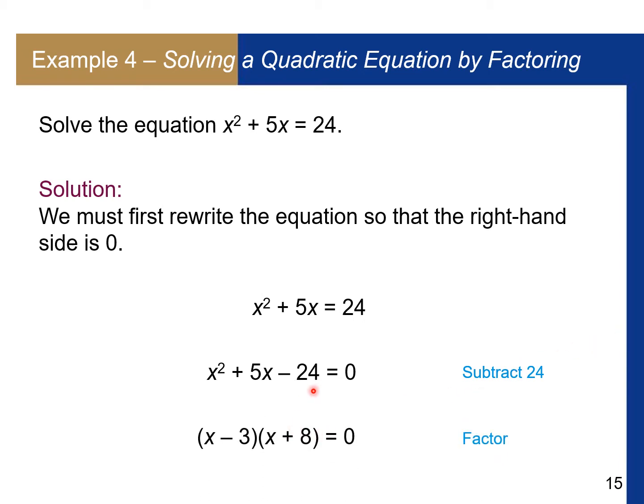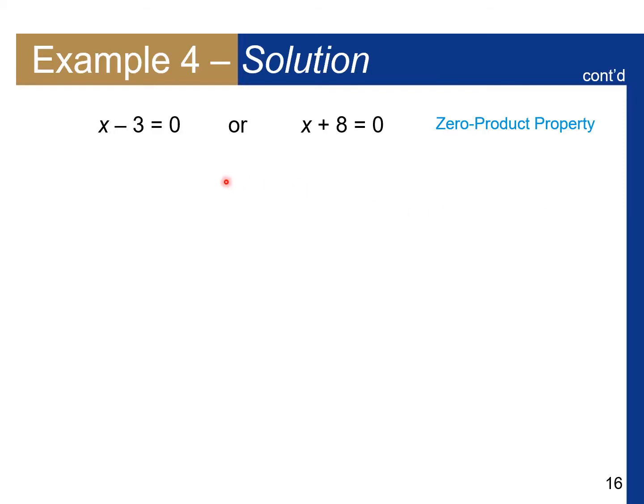I want to see if this factors, so I ask for factors of 24 that I subtract to get 5, and it's a positive 5, so that would be a positive 8 minus 3. Now I can set both of those factors equal to 0 and solve them. And I find that x will equal 3 and x will equal -8.